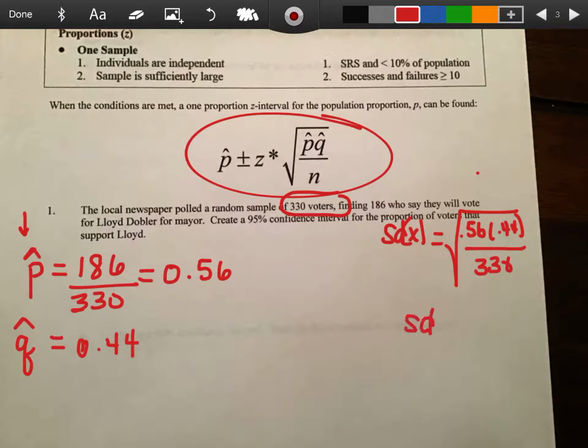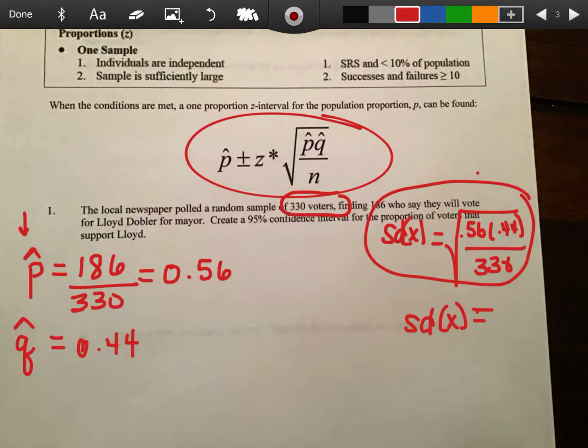So in this specific question, if you guys want to pause and calculate this yourself, we're going to take the square root of, and I do alpha y equals, and I'm going to type in 0.56 multiplied by 0.44 all over 330, making my problem look just like what's on my screen right here.